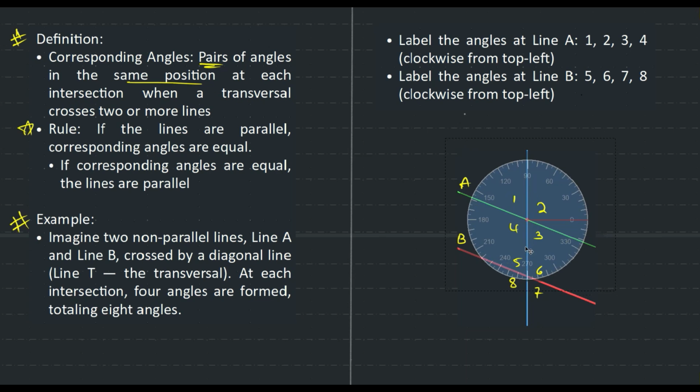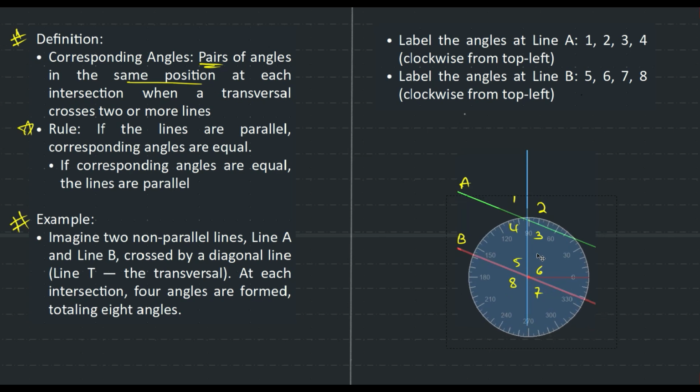Let's measure angle 1. Angle 1 measures approximately, guys, not exact, a bit less than 70.